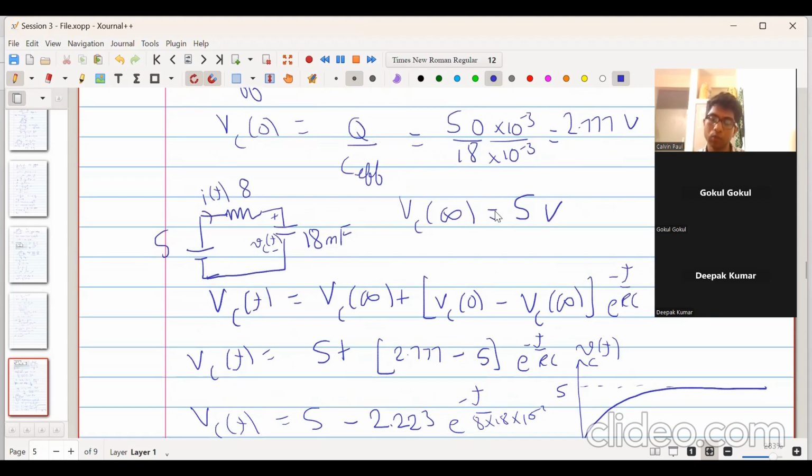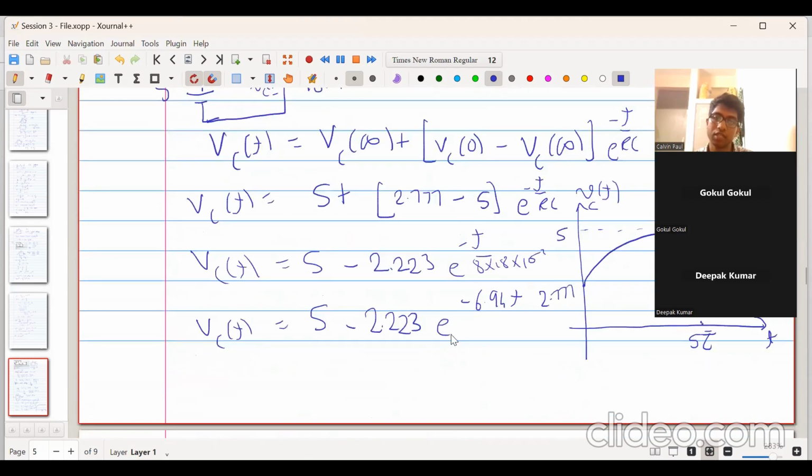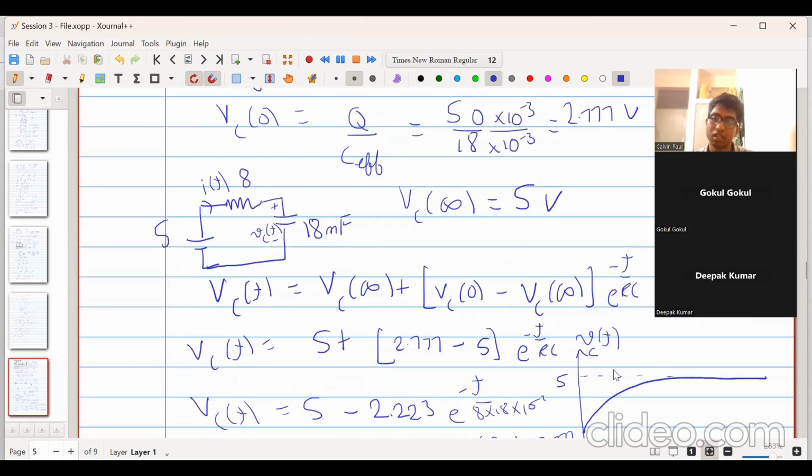Once it has been charged to 2.77 volt, the current will start flowing. It will flow through this and charge both the capacitors to 5 volt, and we have drawn that in this graph.